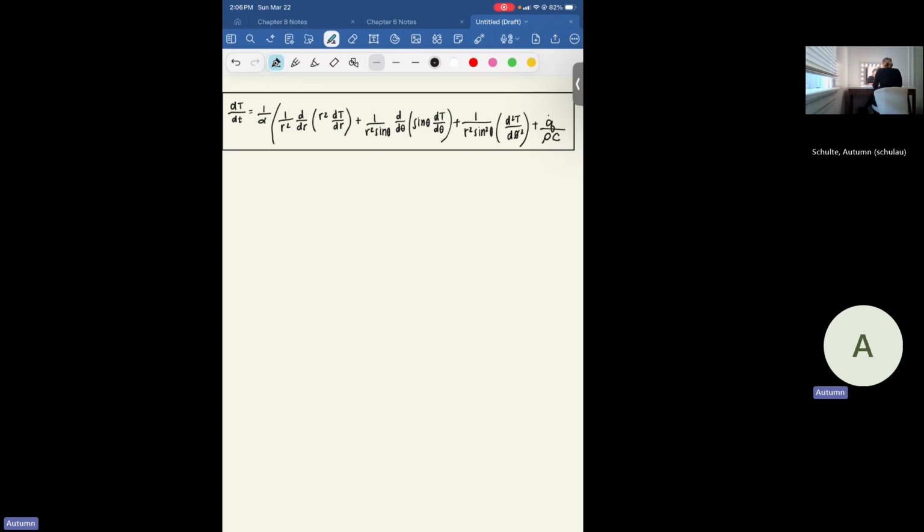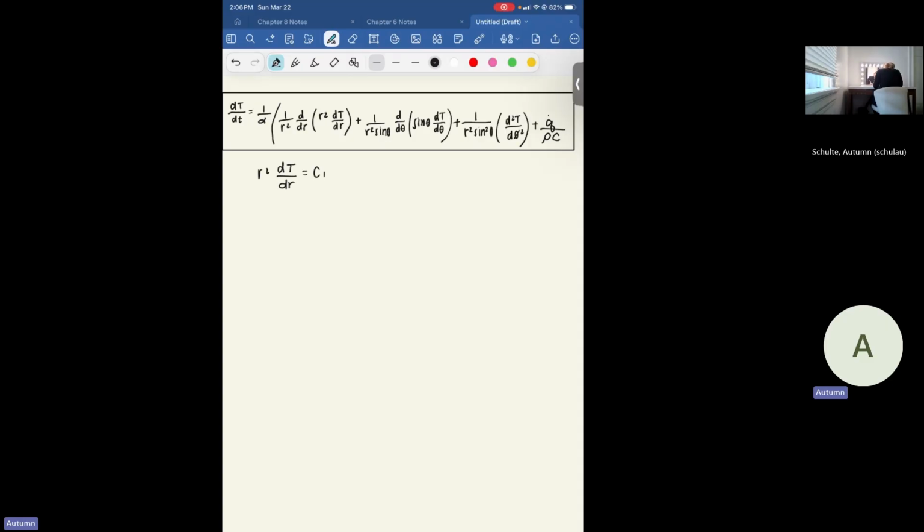Okay, so now I want to take an example of steady state with no energy generation and heat only flowing in the radial direction with our heat diffusion equation for spherical coordinates. So if we simplify all of that, we're going to be left with r squared multiplied by the derivative of temperature with respect to our radius is equal to a constant. We'll just say C1.